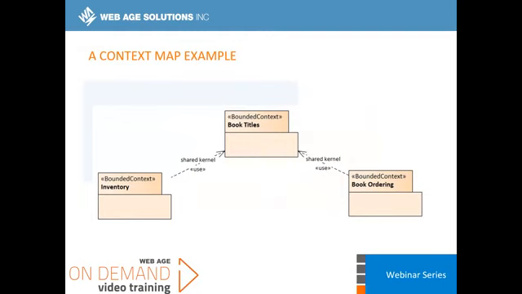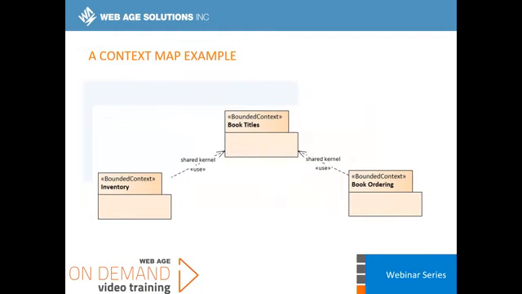Our analysis goes through as we create the bounded context and says, well, both book ordering and inventory have this dependency upon a book titles database or a book titles repository of some kind. And it turns out when we asked the question of, is it the same? The answer came back yes. So we extracted the book titles into its own bounded context.